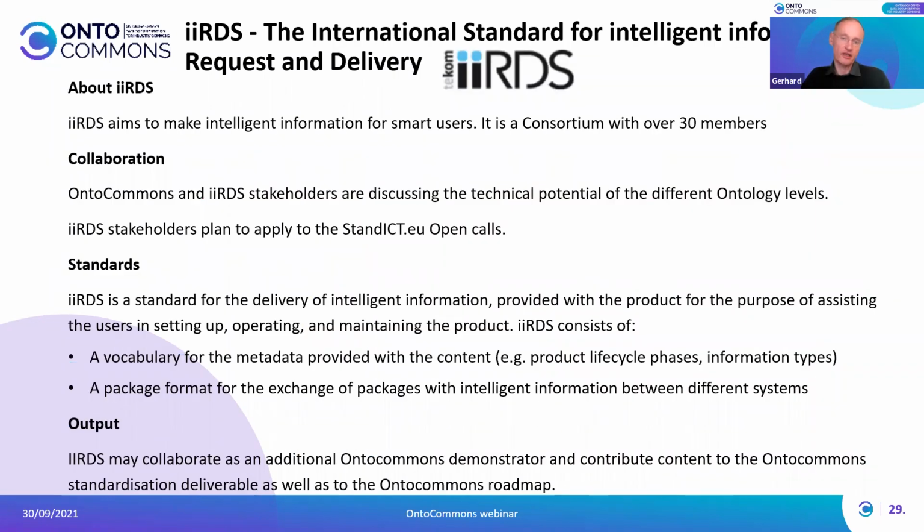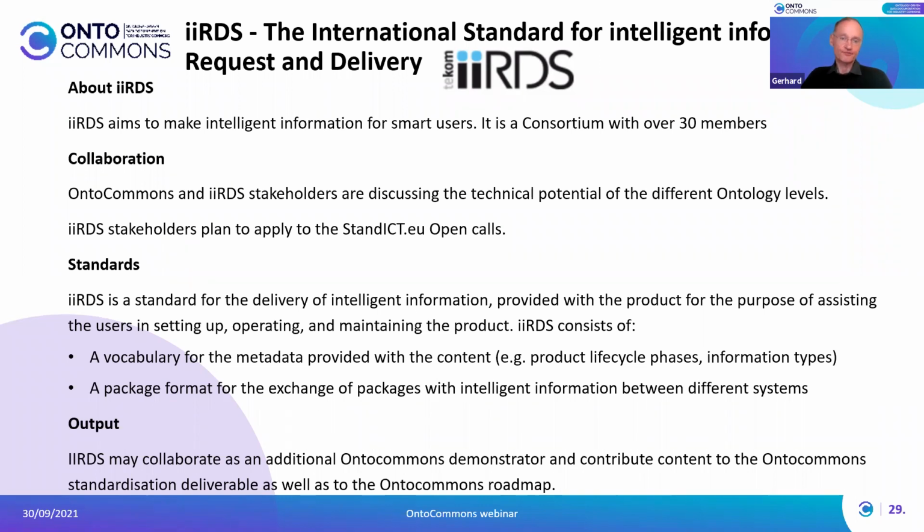starting with the IIRDS. So starting from the perspective more of the ICT, first of all, IIRDS aims to make intelligent information for smart users, being a consortium with over 30 members working towards the standardization.